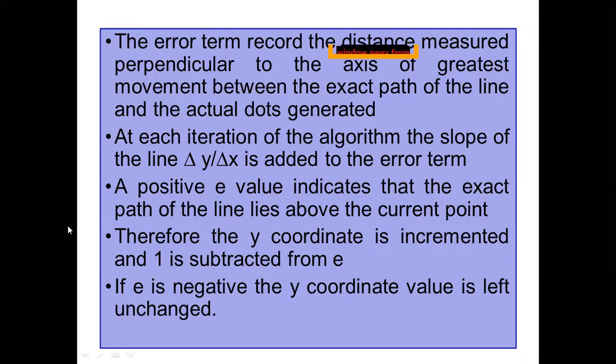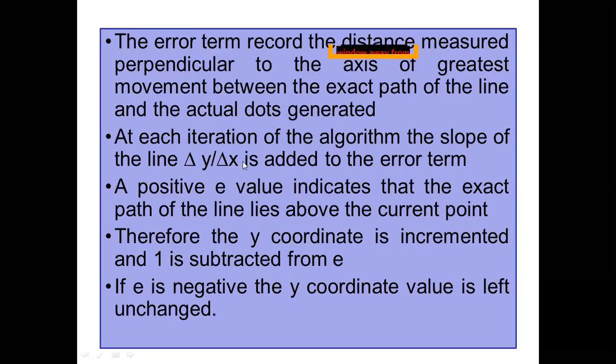So we will check the sign of E. E is called the error term, and we have to check whether we are getting the value of E positive or negative, and accordingly we will increase the value of x or y. Here you can read: therefore the y coordinate is incremented and 1 is subtracted from E. First we check this error term.